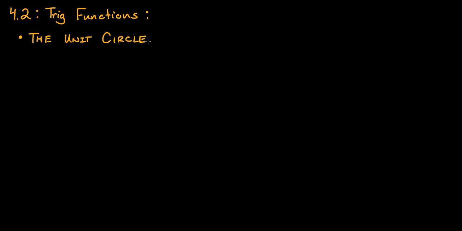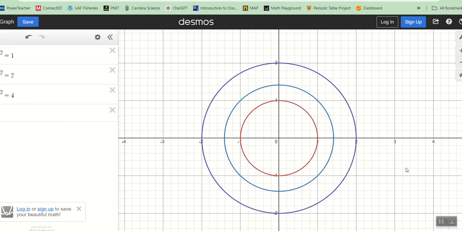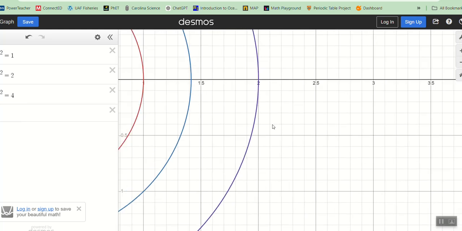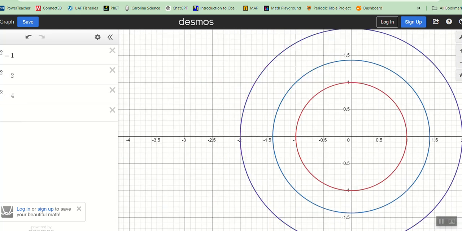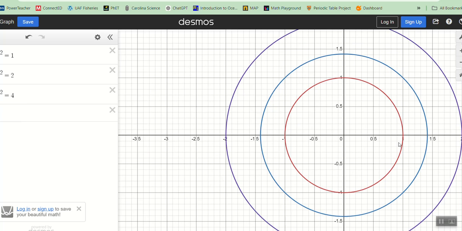Something special about it. If I throw a few different circles, are any of these circles the unit circle? I'm going to tell you one of these is, and it's because of that word unit.